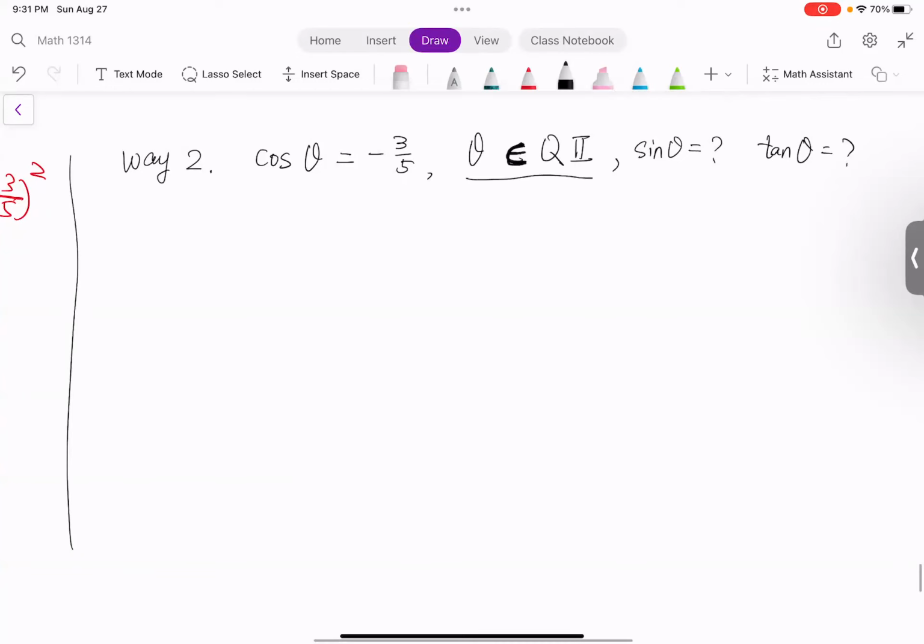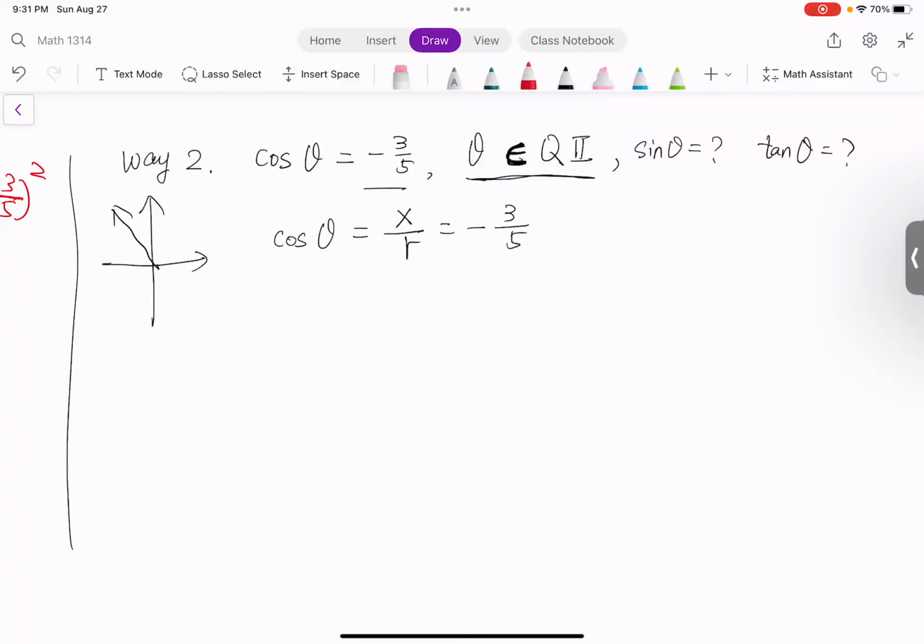Here, it gave us the information that theta is in the second quadrant. So normally, we will always sketch something in the second quadrant because it's the given information. And then cosine theta equals x/r, and it is given that's -3/5.